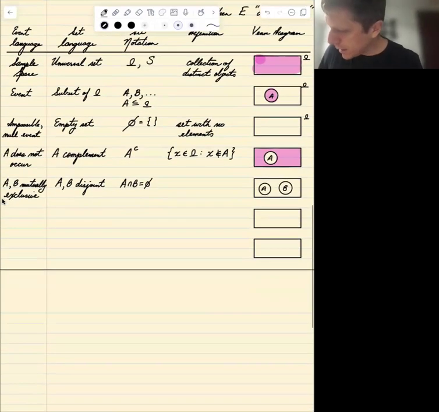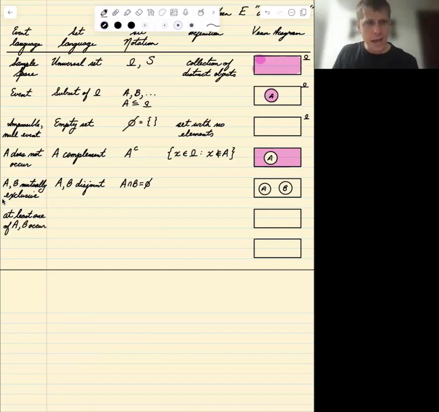So A and B, at least one of A and B occurs. This is called A union B, written as A ∪ B. The little u is like a union.